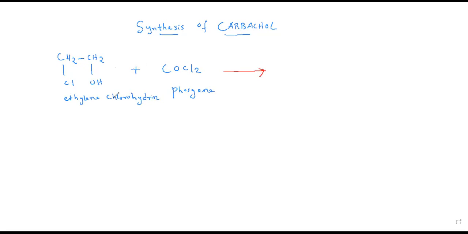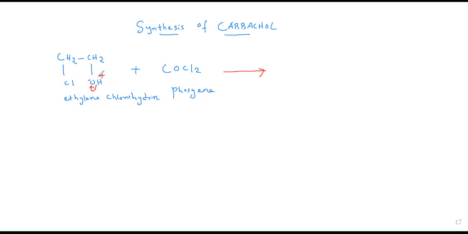When ethylene chlorohydrin reacts with phosgene, you see these two atoms here, oxygen and hydrogen. As oxygen is more electronegative, the adjacent hydrogen atom will become positively charged, because all the electrons migrate towards the oxygen.